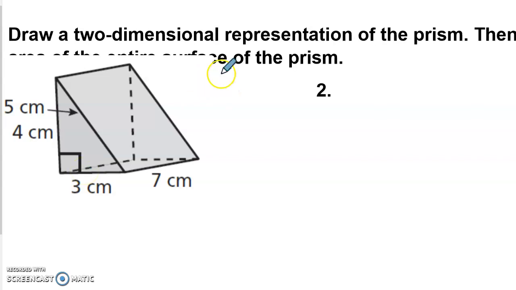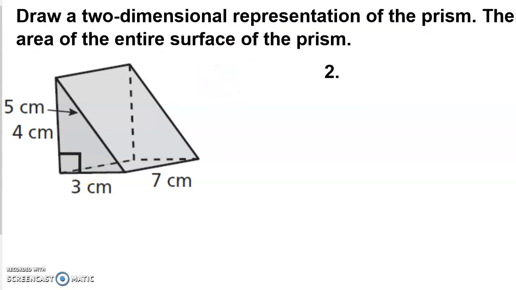So for the triangle, we want area equals base times height. Now, you're probably thinking, wait, it's a triangle, so you have to divide it by 2 or multiply it by 1/2.